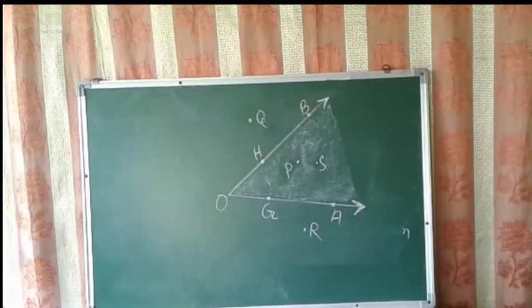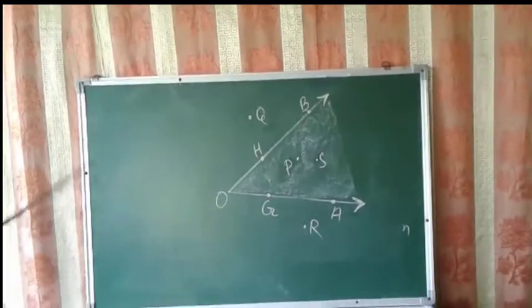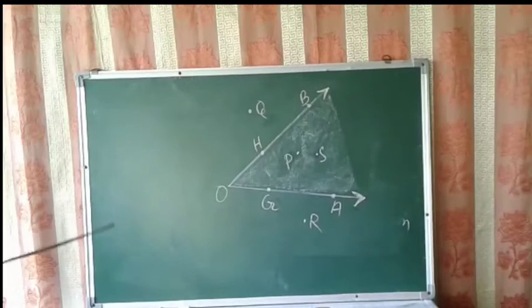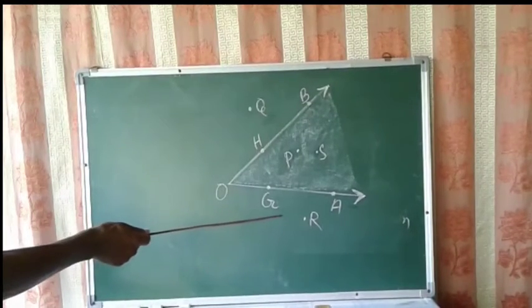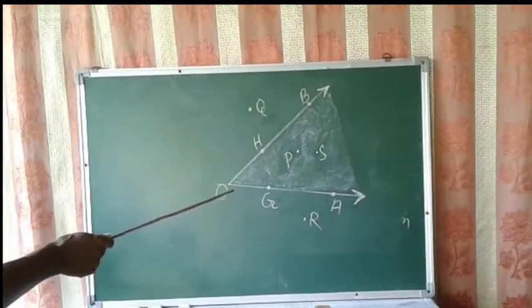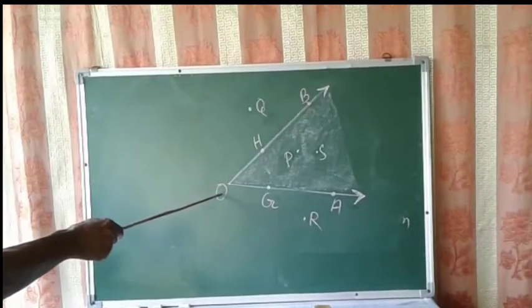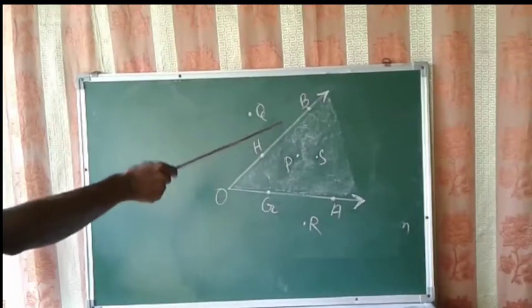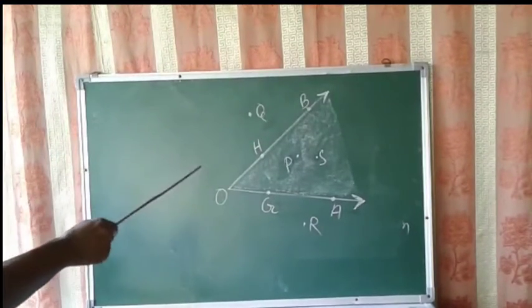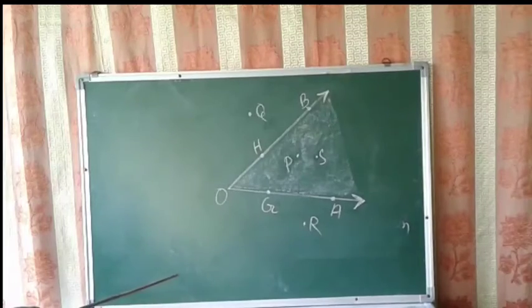Now, interior and exterior of an angle. Consider a ray OA, keeping O fixed, and rotate arm OA to a position OB as shown in the figure.